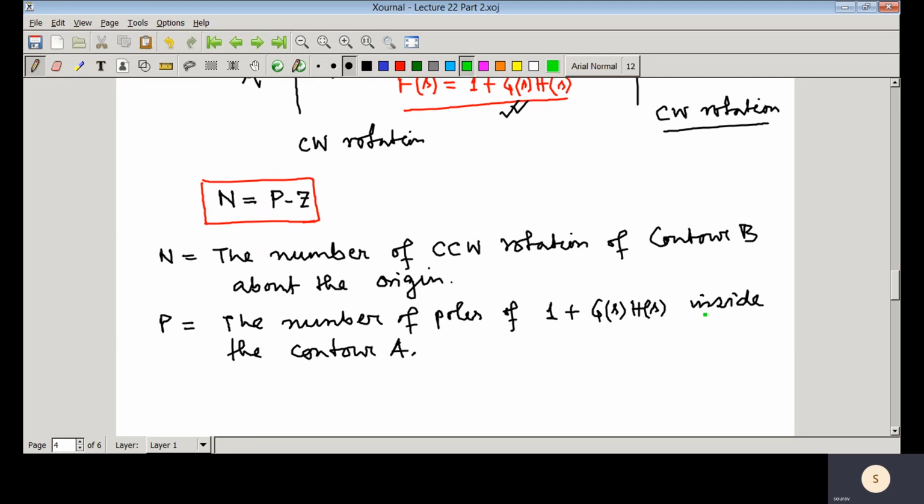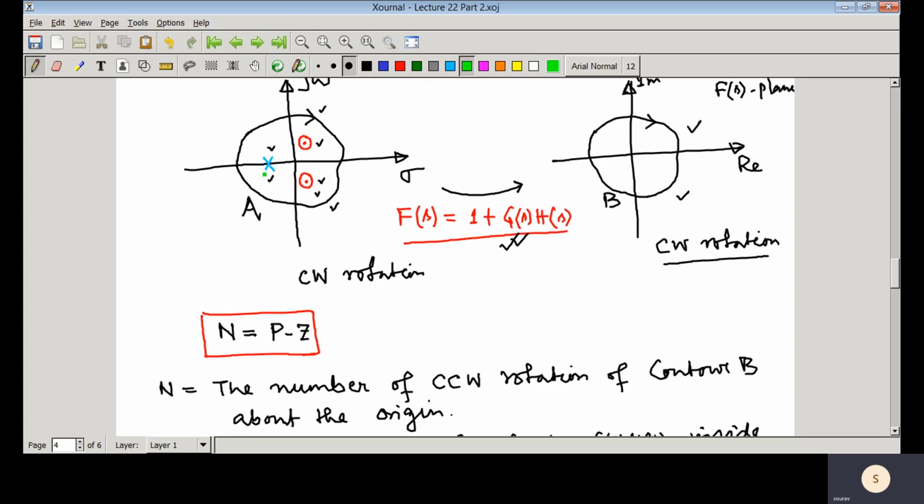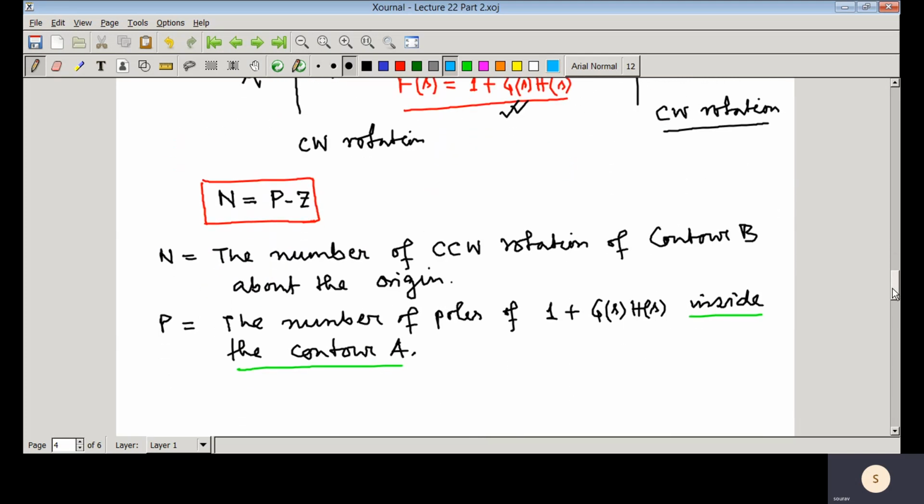It is how many poles are inside that contour A. We can see that inside contour A there is one pole. You may have another pole, say suppose here. That means we should not count that one. The reason is that it is not inside that contour, it is outside that contour.